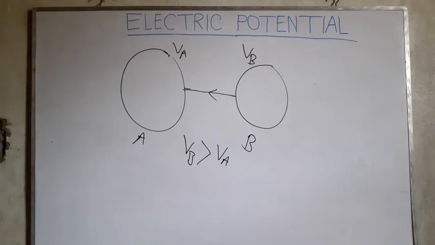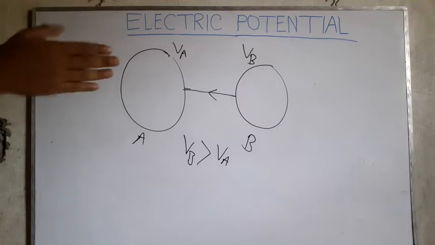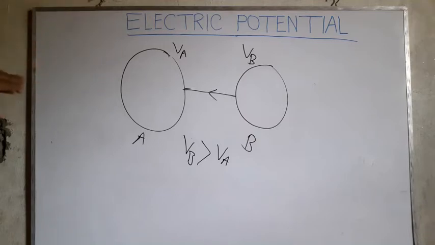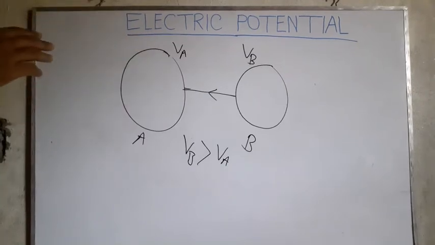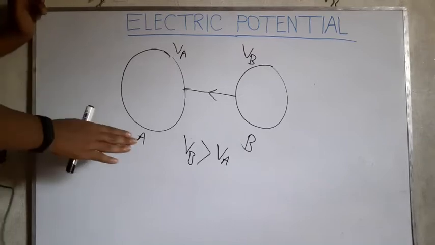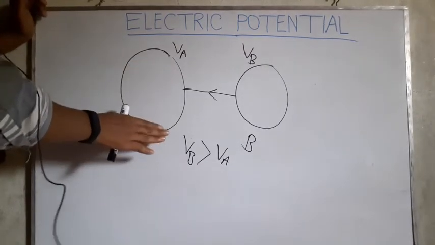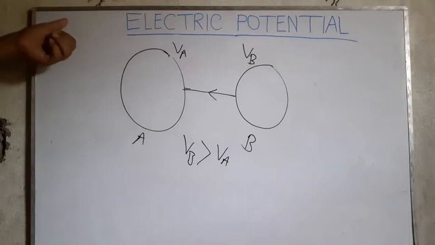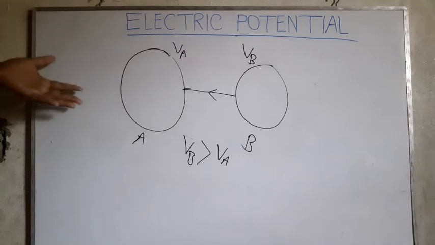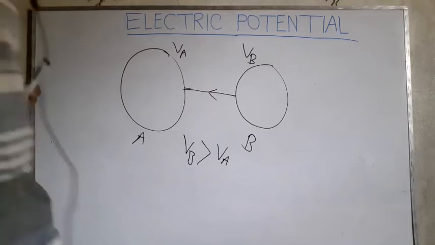As water flows from higher height to lower height, heat flows from higher temperature to lower temperature, and charge flows from higher potential to lower potential. If we consider the direction of flow of charge, then we can compare the potential with the height of the water level and temperature.